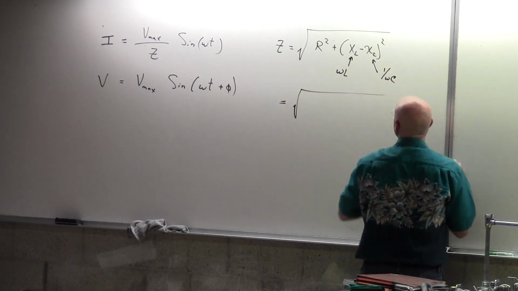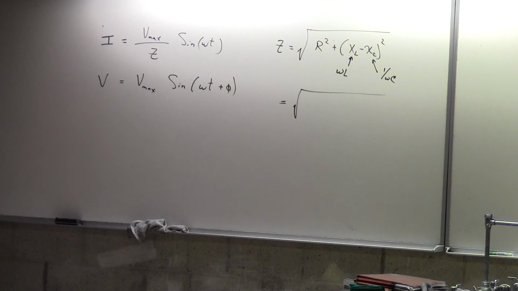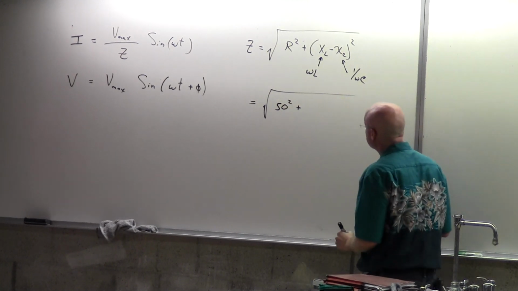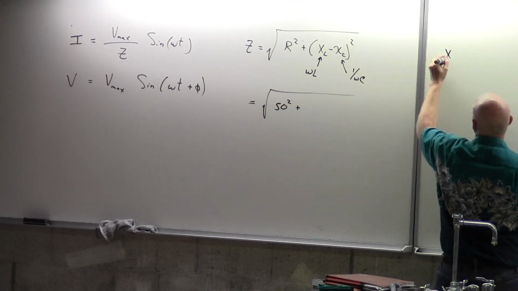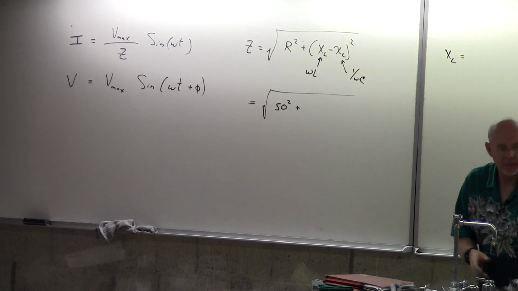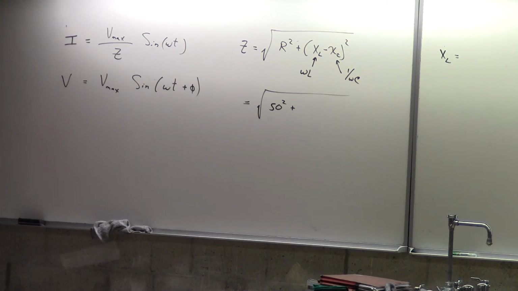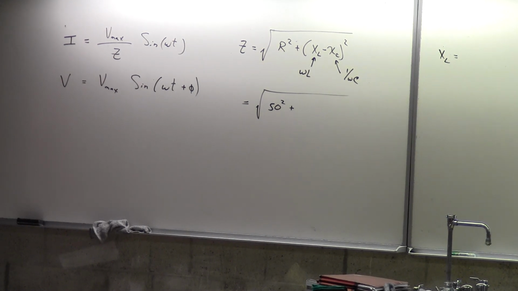In our case, we have a resistance of 50 ohms, and so I'll go 50 and square it. Over here, I'll do the reactance of the inductor. That is 2 times pi times the frequency, 60. That must be the famous 377. There's the omega, and then I'll multiply by the L, which is about 0.7.